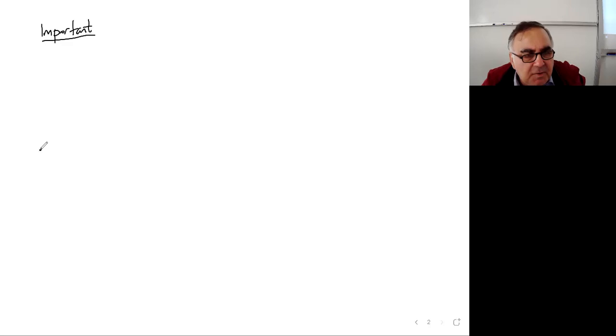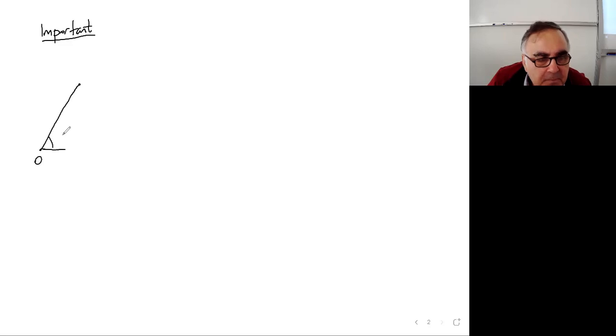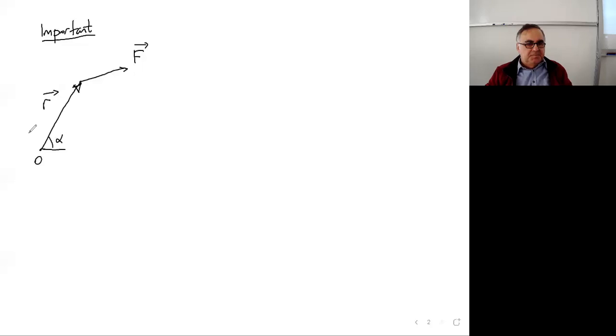Let's say that you have a link like this. And on this link, let's say this is point O. Let's say this is point alpha. And there is a force acting on it, F. Now this link is represented by a vector R.